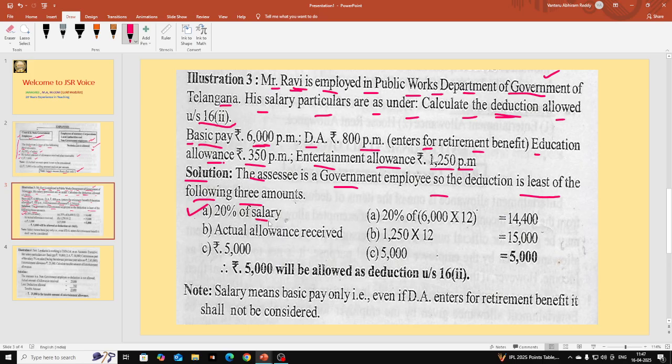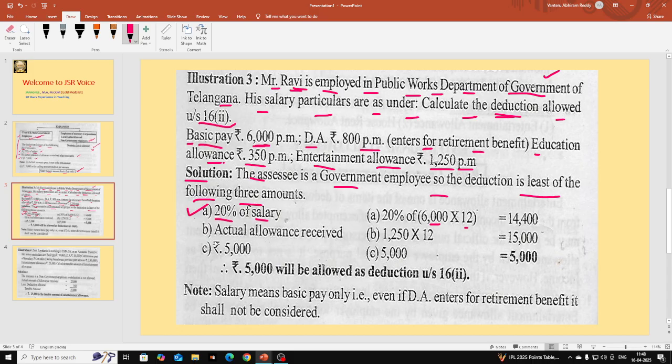So 6,000 into 12, you should check that, you get 72,000. So 72,000 into 20 by 100, you will get 14,400. I think it is clear for everyone.